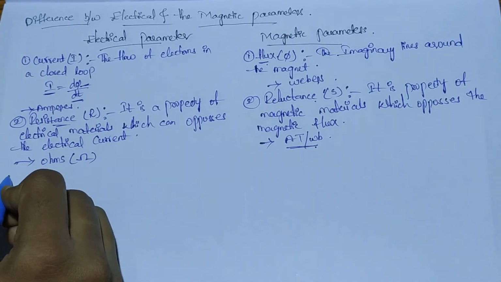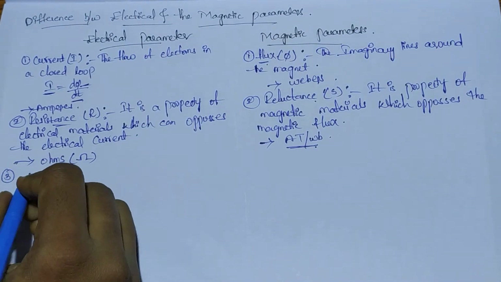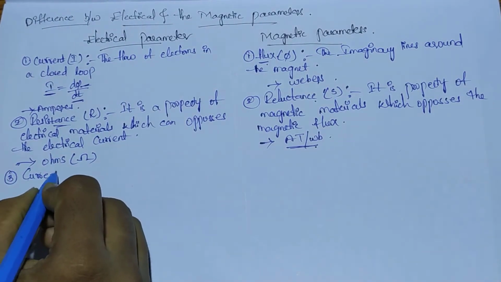And coming to the electrical parameters, the third element is current density.